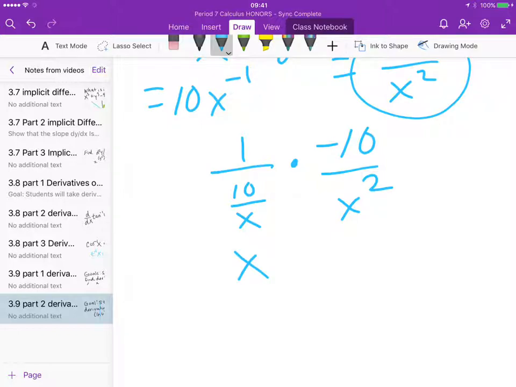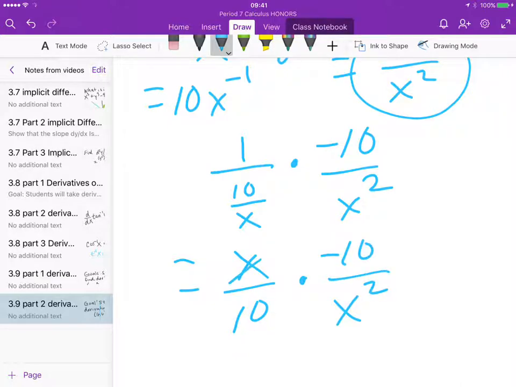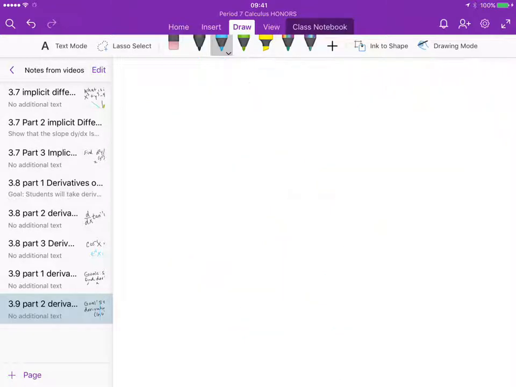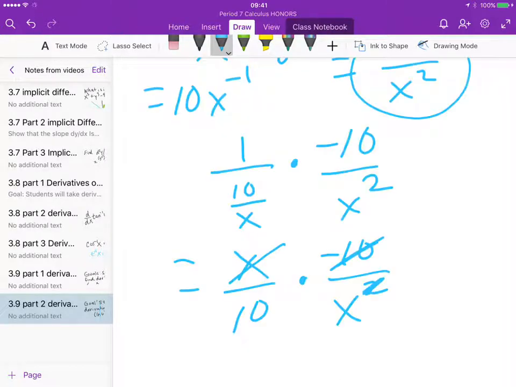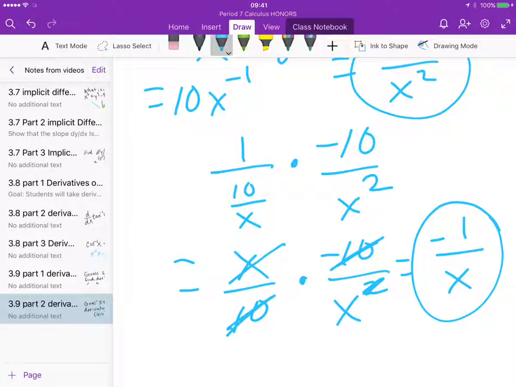So let's flip this and make this x over 10, and then multiply that by negative 10 over x squared. One of the x's will cancel, the 10 will cancel, and then we get negative 1 over x as a final answer for this derivative.